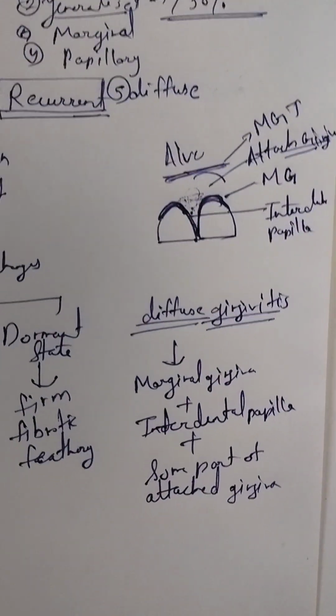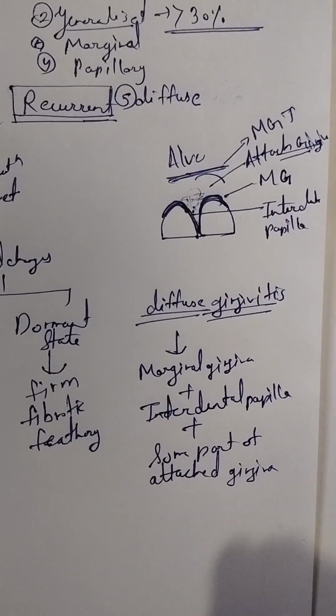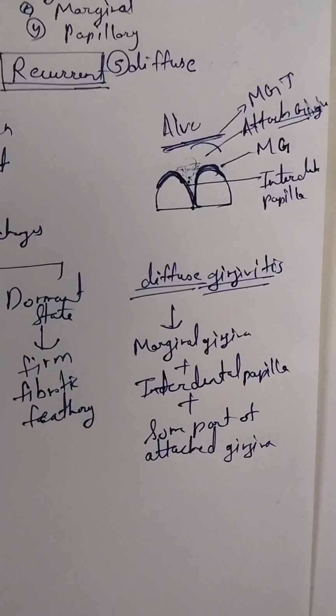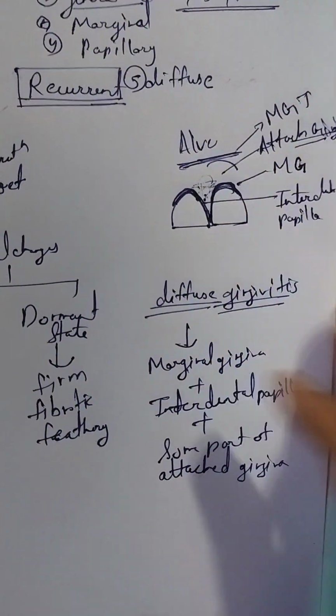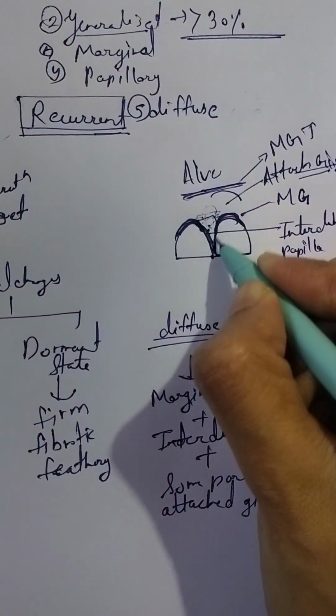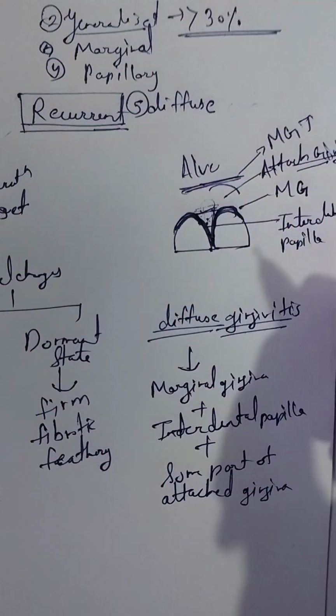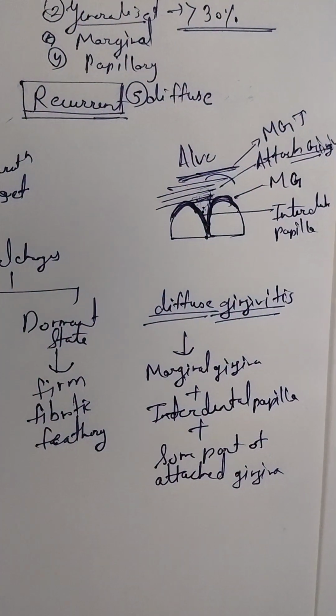So if the examiner asks about diffuse gingivitis, we have to tell that diffuse gingivitis is the type of gingivitis in which the marginal gingiva, interdental papilla, and some part of the attached gingiva are involved.